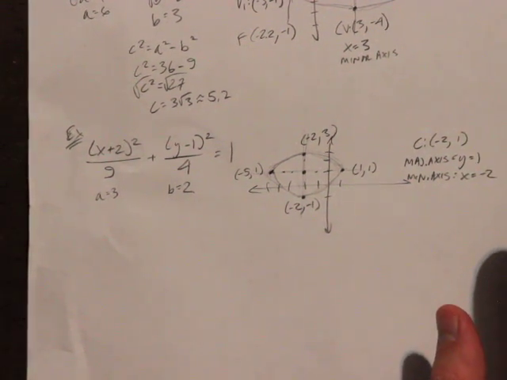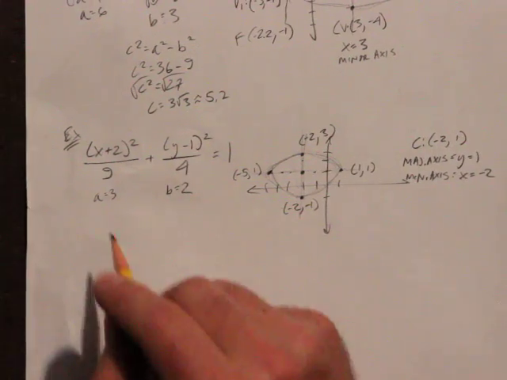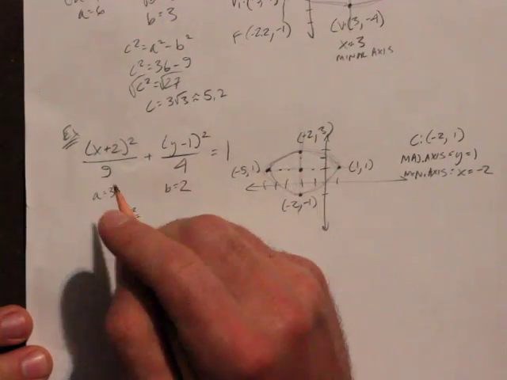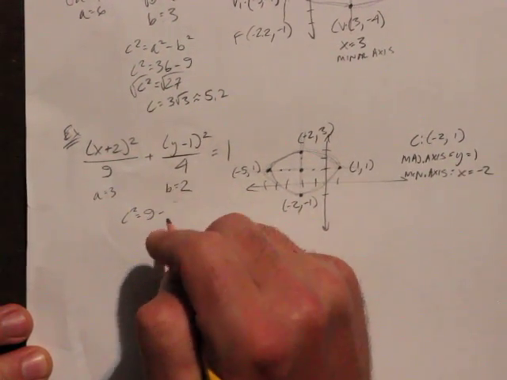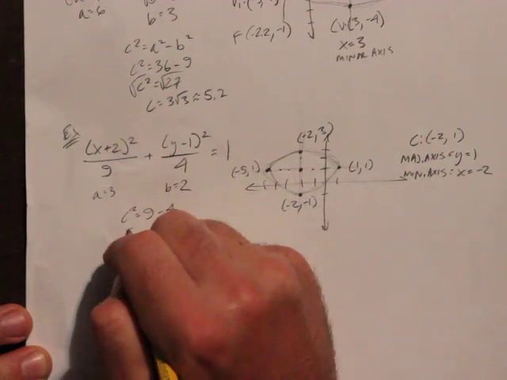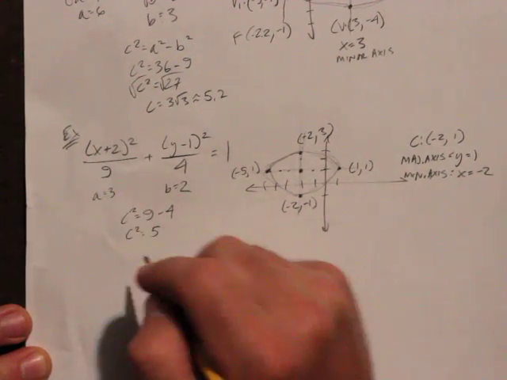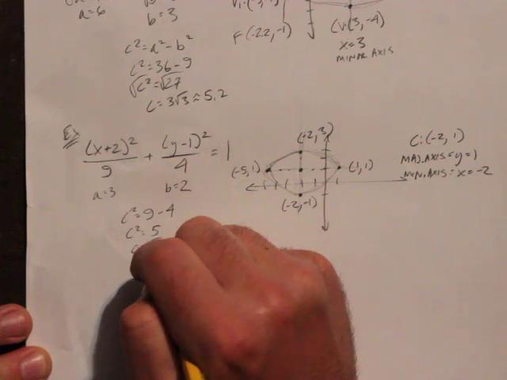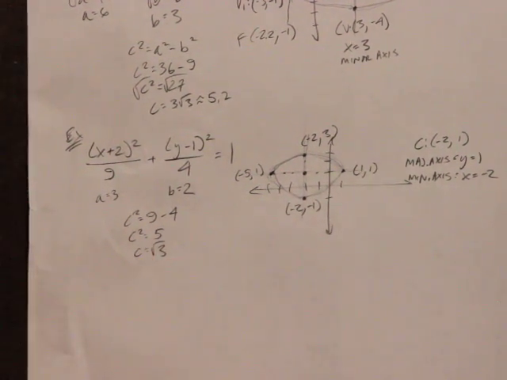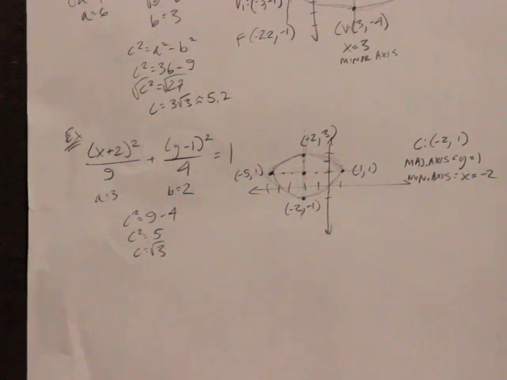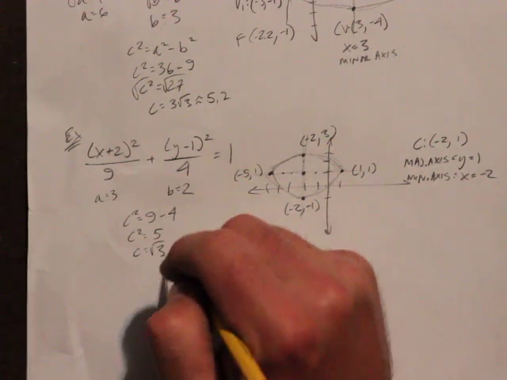Okay, now I need my foci. And so c squared equals a squared, which is 9, minus b squared, which is 4. c squared equals 5. So c equals the square root of 5. What is the square root of 5? 2 point something, right? So I take the square root of 5 and I get, let's say, about 2.2.